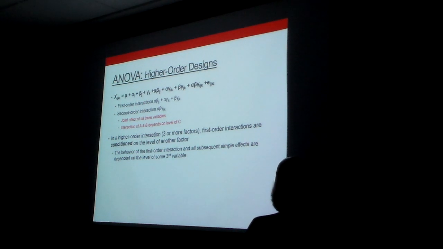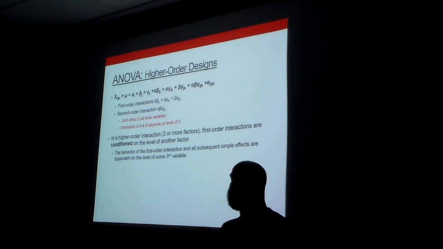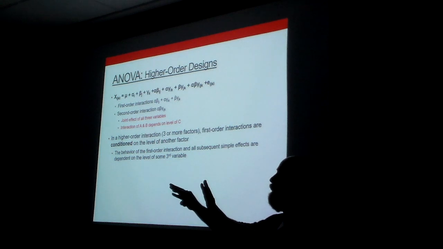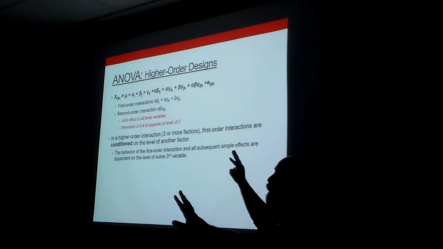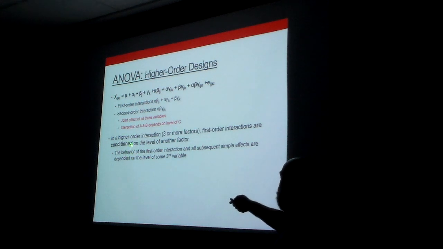My interactions are now conditional effects, right? The differences in the effect of factor A across factor B are now dependent on factor C. The nature of what this interaction looks like between A and B is now modified by this other factor, right? So when you think about this, it's the behavior of the first order interaction and all subsequent simple effects dependent on some higher order variable.